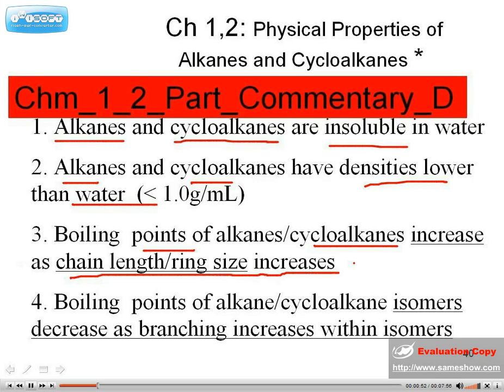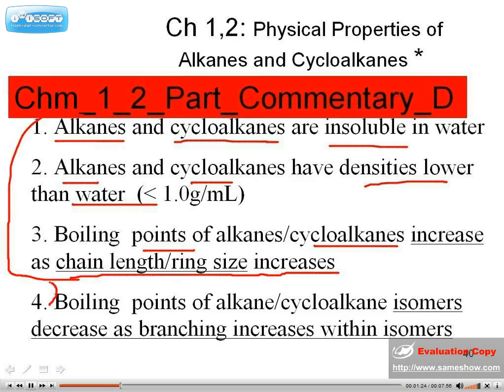As we go from, for example, butane to hexane, the boiling point increases, and you'll find that the substance goes from a gas to a liquid. And when you get up to 10, 11, 12 hydrocarbon atoms long, then it'll turn into a solid, such as a wax. So make sure you know those general properties.